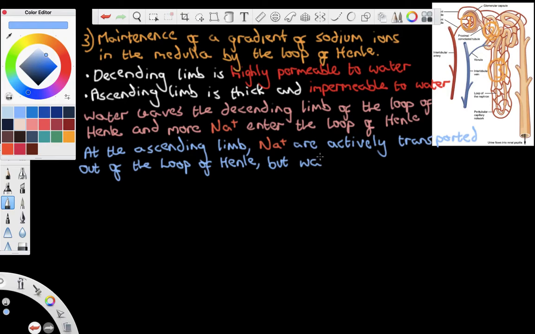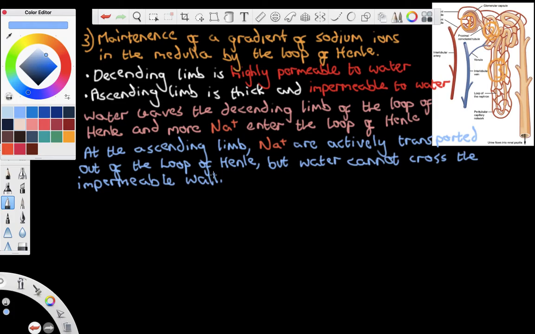But water cannot cross the impermeable walls. So water is stuck inside the ascending loop of Henle.